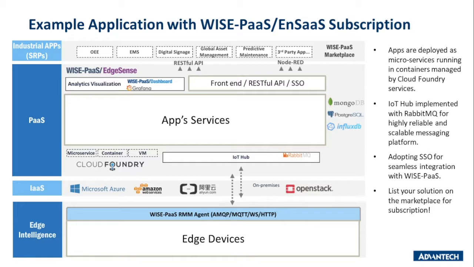And these solutions should then be able to easily integrate with other third-party applications, such as shown at the very top. The other industrial apps will be able to access your applications on WISE-PaaS through, for example, RESTful APIs.